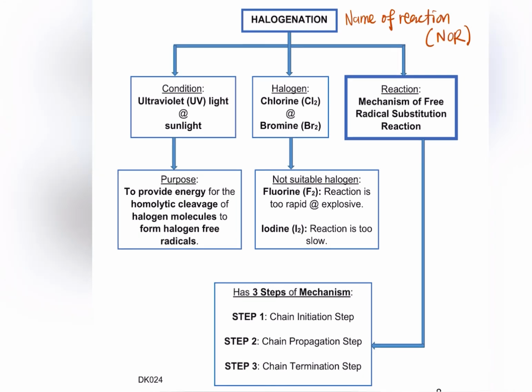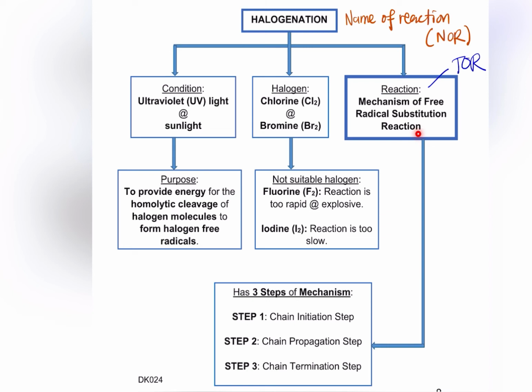Next, halogenation is the name of reaction that I use. However, if I ask you about the type of reaction, if you still remember from the previous chapter, we talked about the type of reaction. My short form is TOR. The type of reaction for this chemical reaction is free radical substitution reaction.